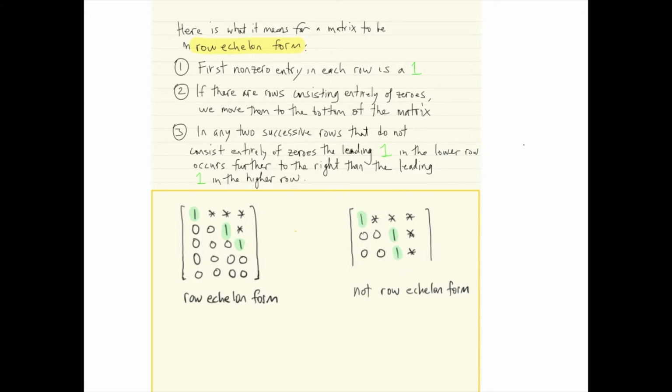It might be a little difficult to remember exactly these 3 conditions, but the general idea is we've got leading or pivot 1s, they're gradually moving to the right, and the column below the 1s consists entirely of zeros. That's what's encoded in condition 3: as you move to the right, the pivot 1s also move further to the right.